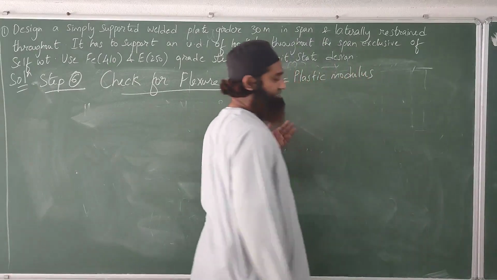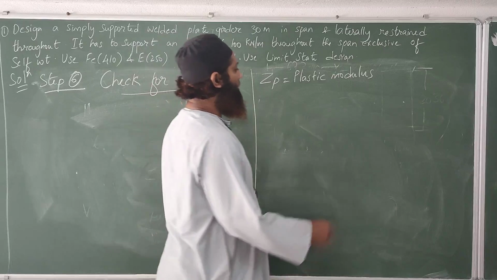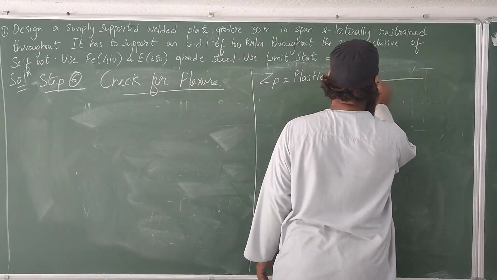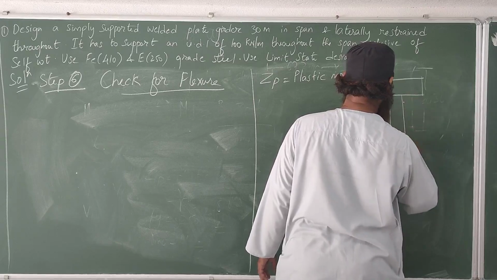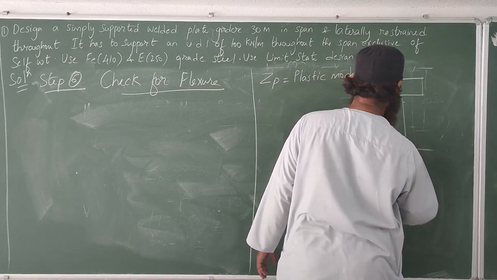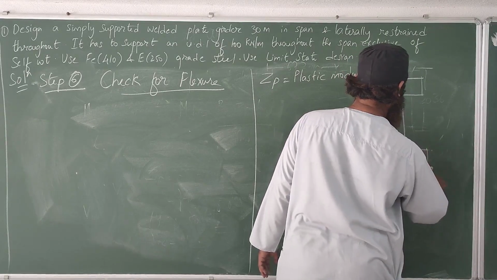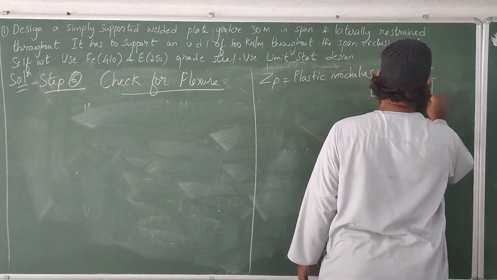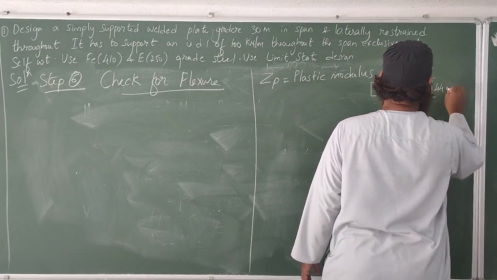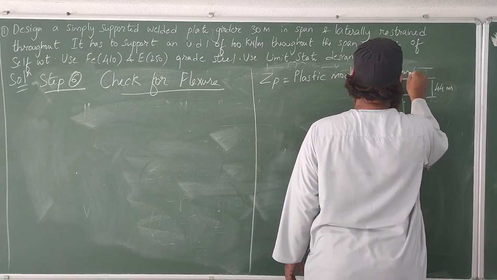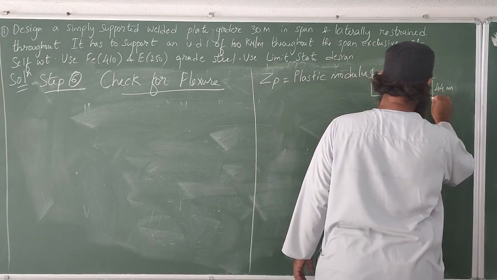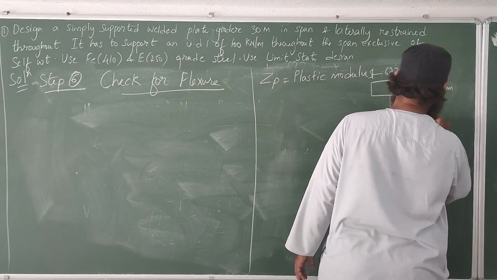To find out this plastic modulus, we'll have to write all the dimensions of the I section. This is 44 mm, this is 672 mm, and this value is 2036.